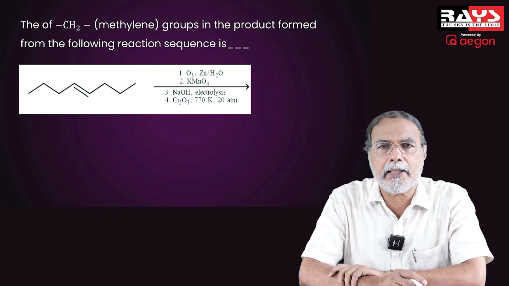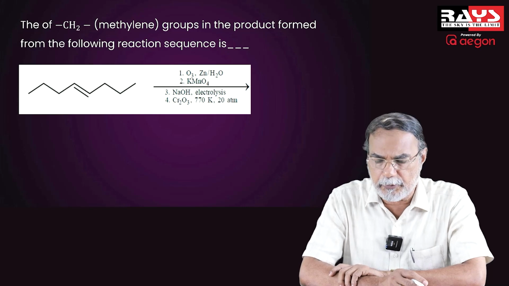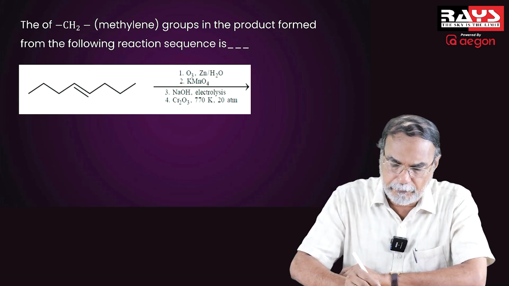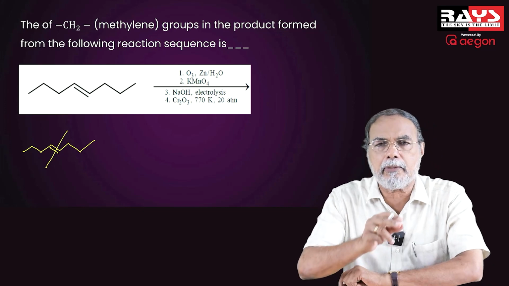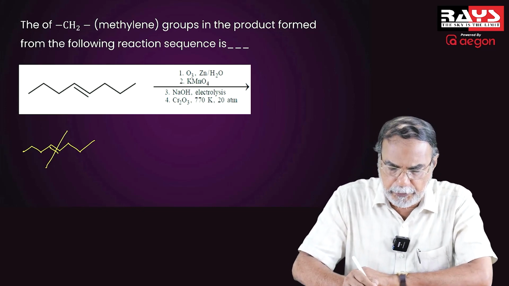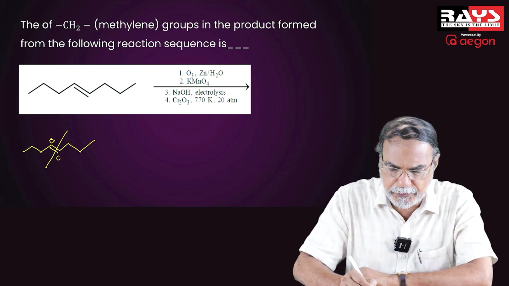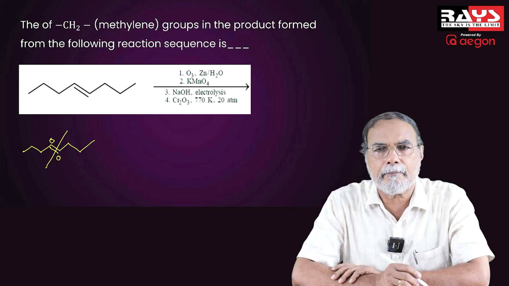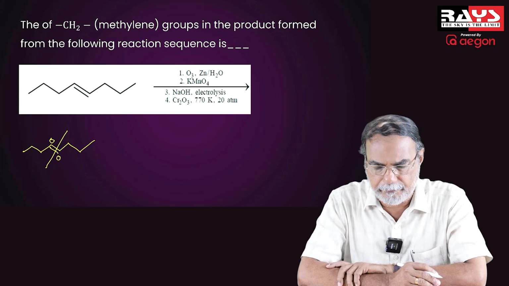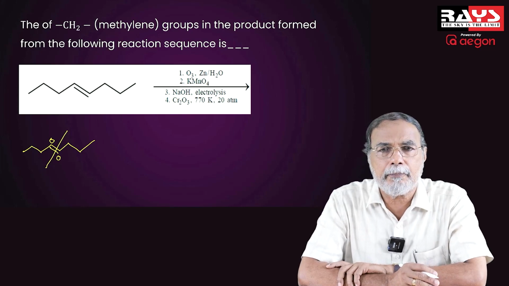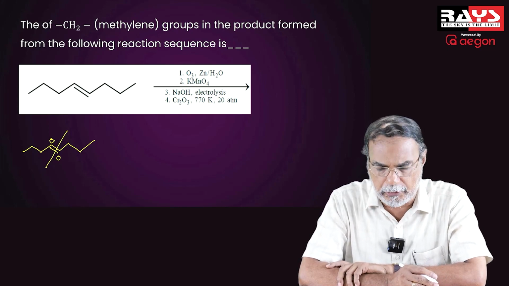And you know that in ozonolysis, the products can be easily written, just by splitting the molecule at the double bond and putting one oxygen here and one oxygen here. So that is the total outcome of ozonolysis, an easy way of predicting the products.